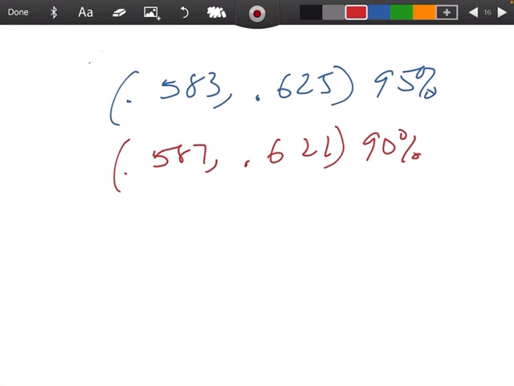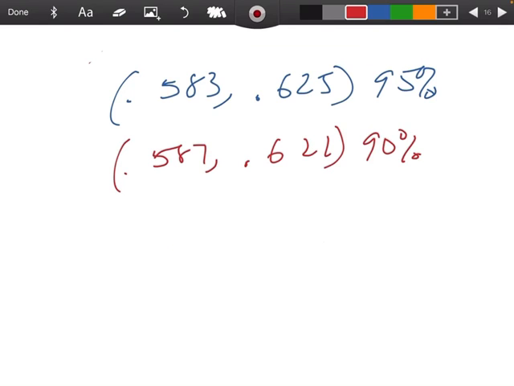The question usually asks us which one of these is wider. Let me do this one here first, 0.583. I'm just going to put a mark here, 0.583, and 0.625. Now when I think about 0.587, that's going to be further to the right, and 0.621 is going to be further to the left.